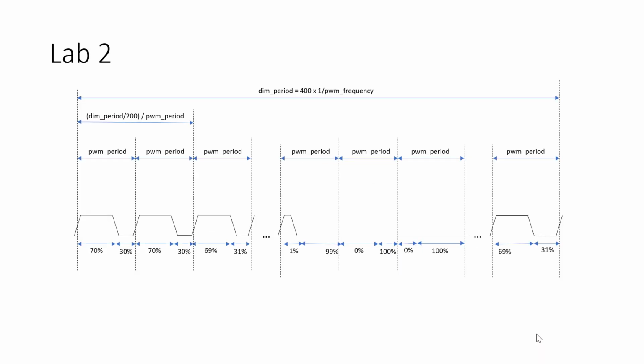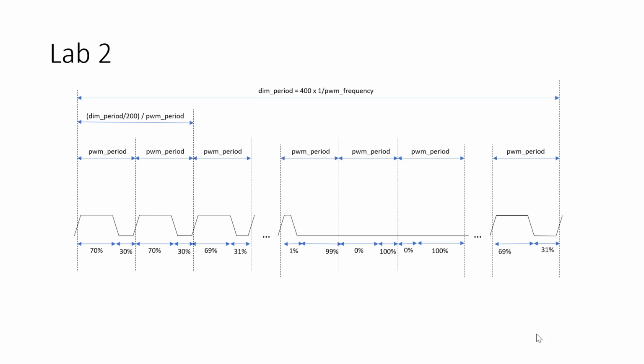Okay, so the way it's set up now, the time scale of the dim period is 400 times slower than the PWM period, which is 1 over the PWM frequency. Does it make sense? That's just the way it's set up at the moment. Now you can increase the PWM frequency, or you can increase the dim period, which would change this relationship, right?